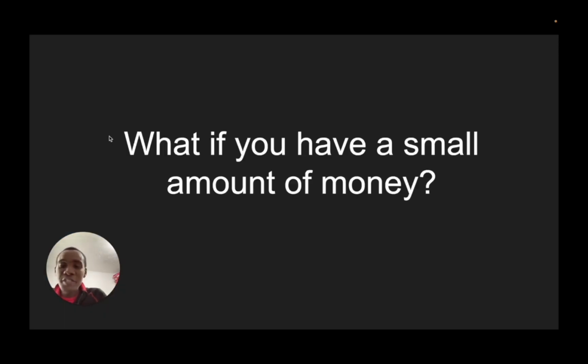Now, if you're thinking, what if I only have a small amount of money that I want to prepay? Could I save any kind of money on interest? The answer is yes, you can save money on interest. Let's take a look.